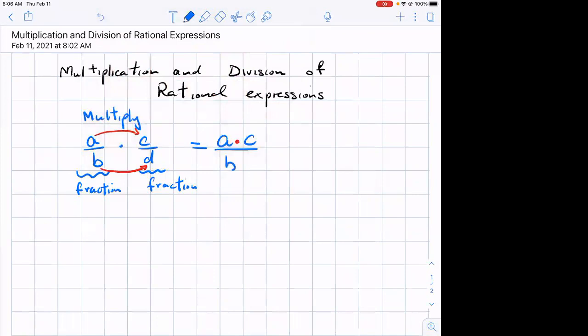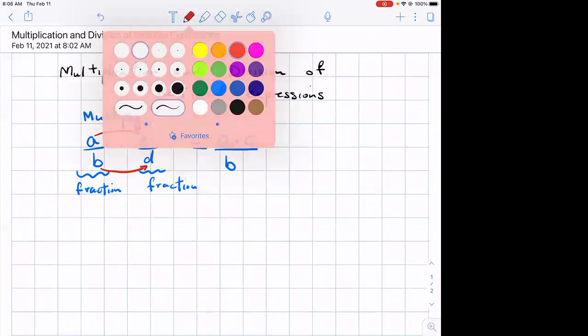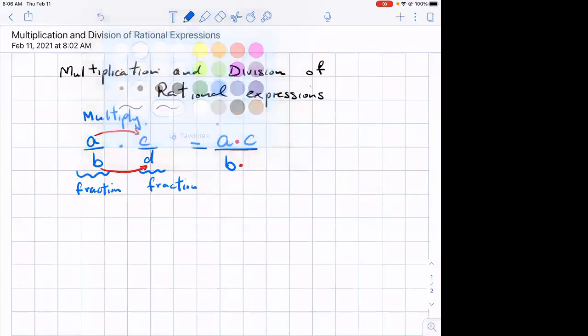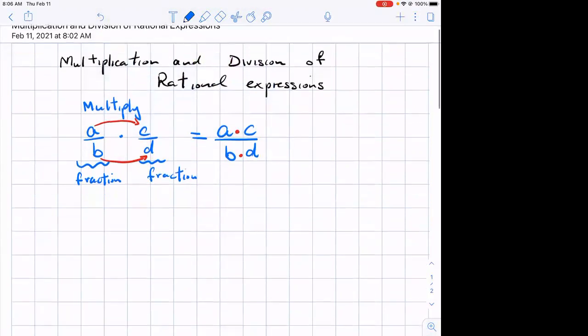And this becomes B times D. Okay. So when we multiply, that's generally what we do. And you will see sometimes we also have to simplify, by factoring terms.